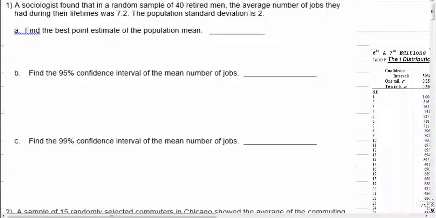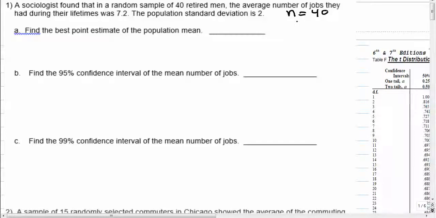So, the question is, a sociologist found that in a random sample of 40 retired men, the average number of jobs they held during their lifetime was 7.2, and the population standard deviation is 2. So we are told that we have a sample n which is equal to 40.